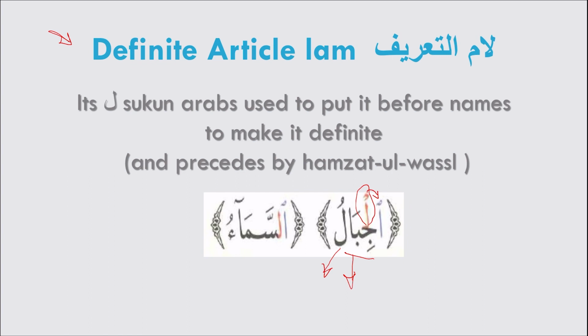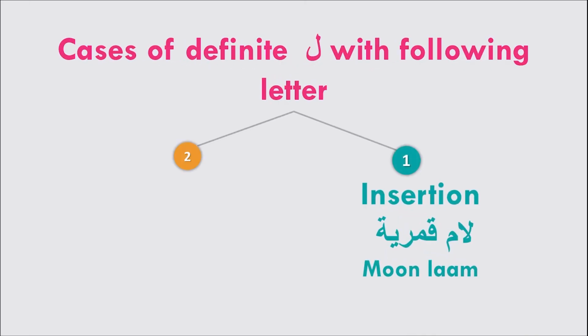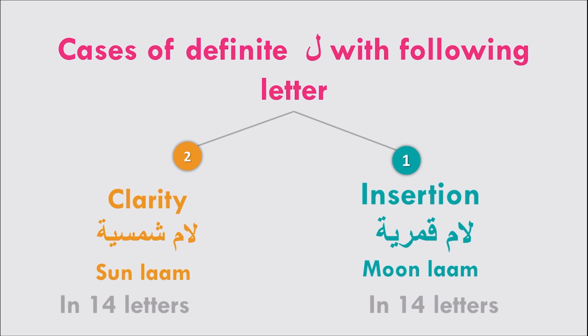So this lam may be lam qamariya or lam shamsiya. The lam may be the moon lam, as the Arabs call it, or the sun lam, as the Arabs also call it. The reason for this naming is that it gives an indication of the way they read al-qamar or ash-shams.